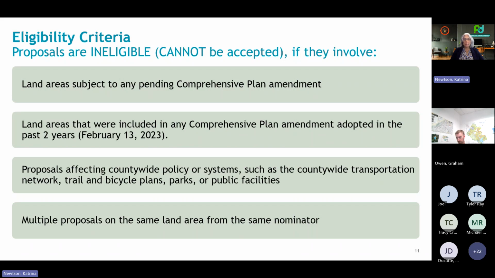Also ineligible are proposals for changes to a countywide policy or system. So you can't nominate a parcel as a park, something like that. That is something that happened in the past APR processes, but that is not part of our SSPA process now. And also, a nominator can't submit multiple proposals on the same land area.